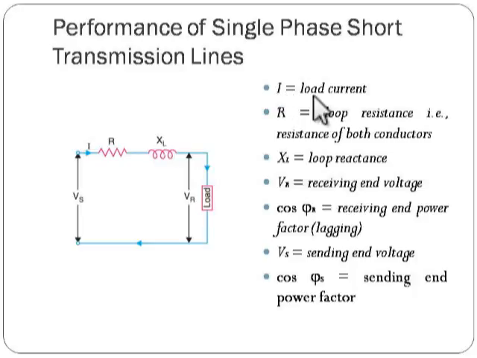The terms used in the circuit: I is the load current, R is the loop resistance, that is, the resistance of both conductors, and XL is the loop reactance. VR is the receiving end voltage, and cos phi R is the receiving end power factor, usually preferred as lagging. Vs is the sending end voltage, and cos phi S is the sending end power factor. These are all the terms relevant to the circuit.